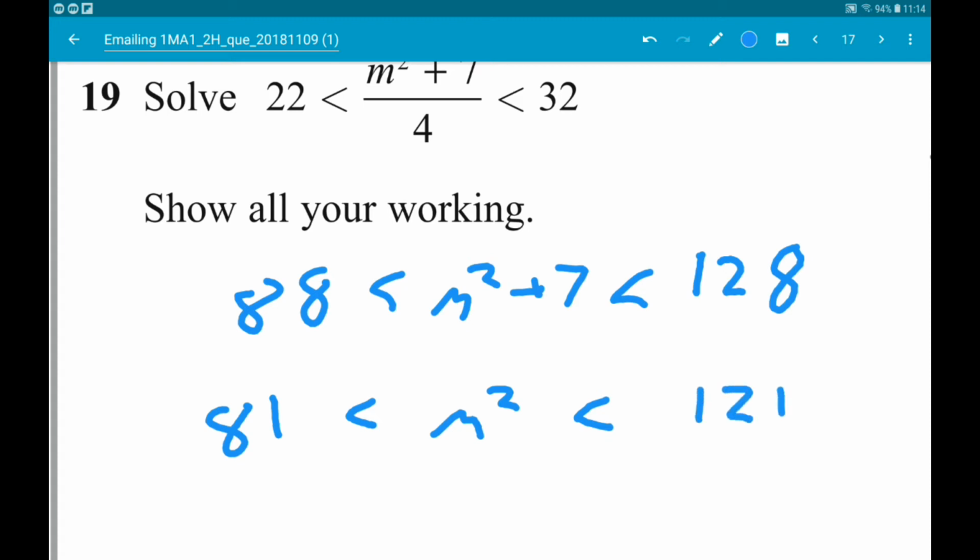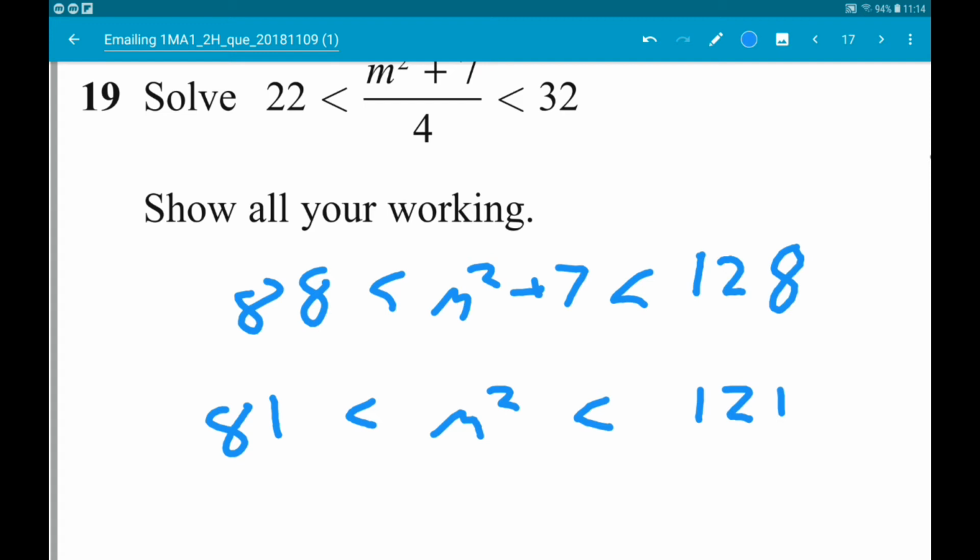Now, we do have two square numbers here on the left and right. So you might think, oh, now we can just square root and be done. We can't though, because when you square root, you get positives and negatives. So we now need to think about the graph.